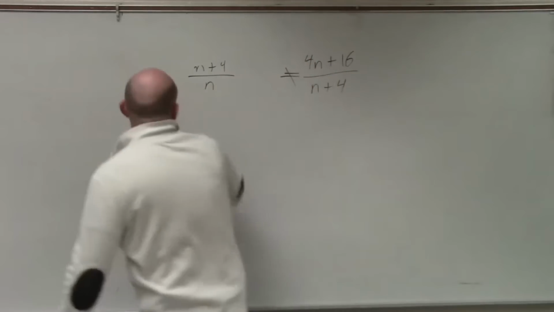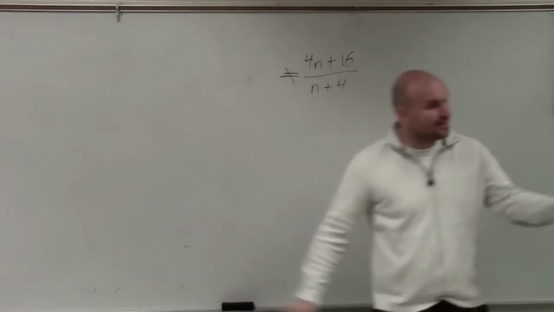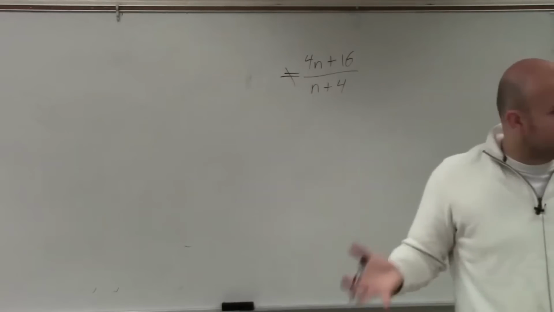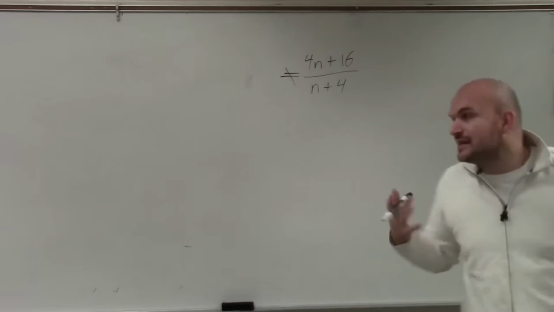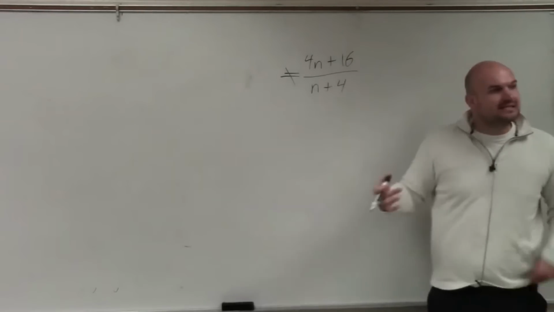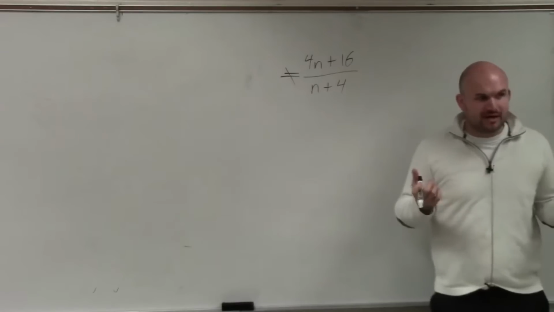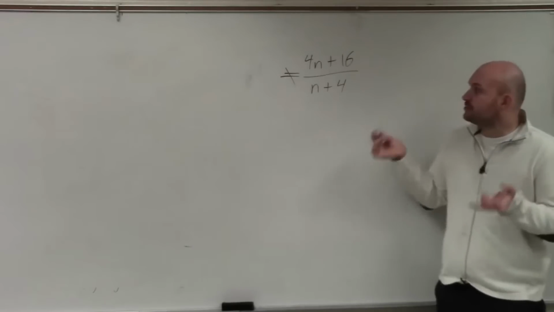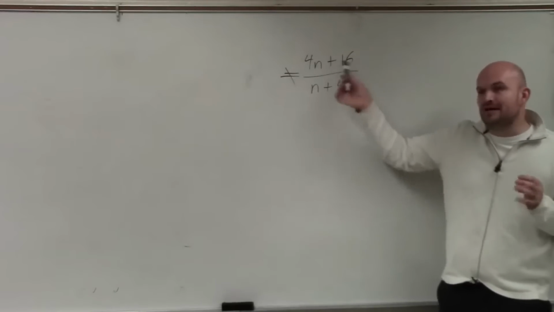All right? Now, what we can do, though, what we're going to practice, the reason why I got you guys started practicing with factoring is we need to practice factoring to simplify these. The difference from today and last class period is last class period we didn't have any addition or subtraction, right? Everything was multiplied or divided, correct? Now we have terms that are separated by addition or subtraction.